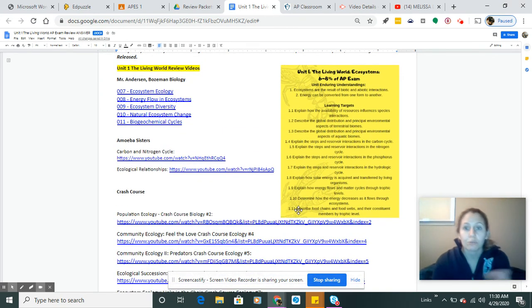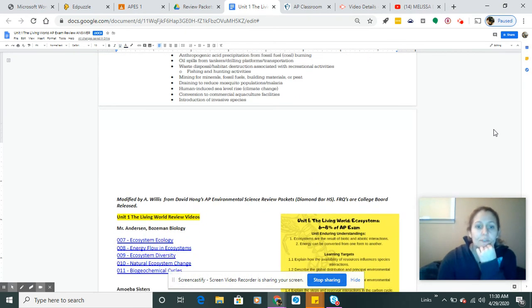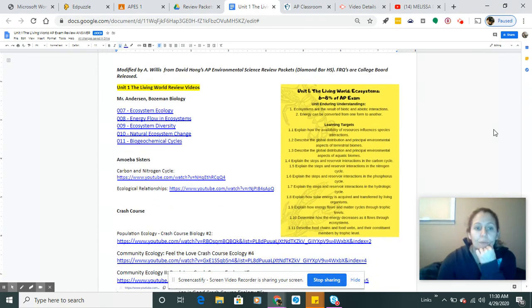I would go through these learning targets over here and make sure that you can answer all of those. Maybe even set them up in a notebook. If you can't answer it, that's a weak point, and then you just learn it before the 18th.